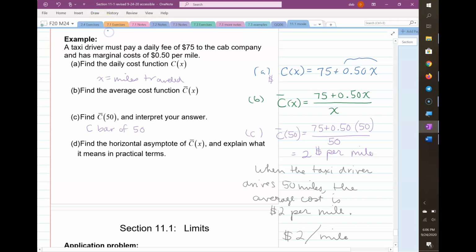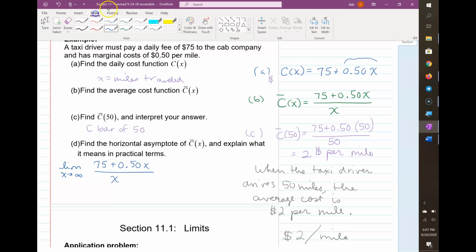Then we're asked to find the horizontal asymptote. Well, we were just talking about horizontal asymptotes, and they're what happens as x goes to infinity or gets really, really, really large. So the C bar function looks like 75 plus 0.50x over x. It's kind of hard to tell exactly what's happening as x gets large when we're just looking at this whole thing.